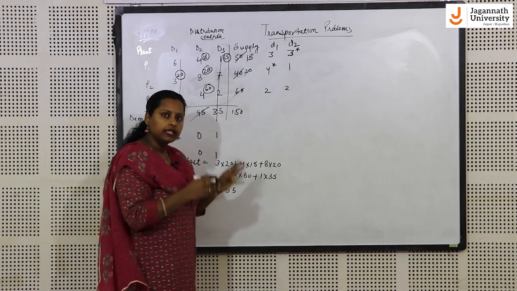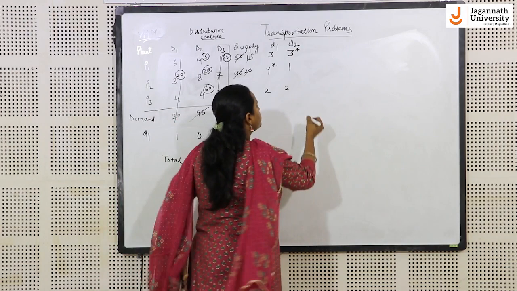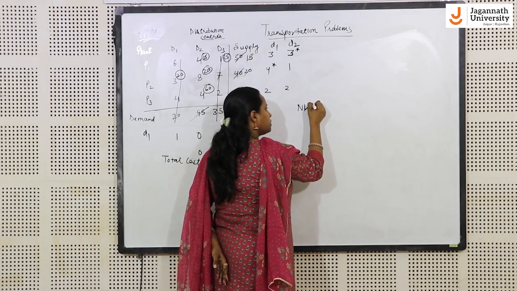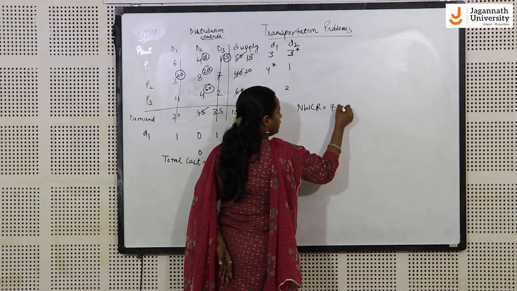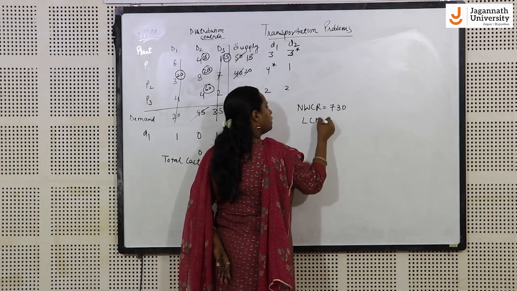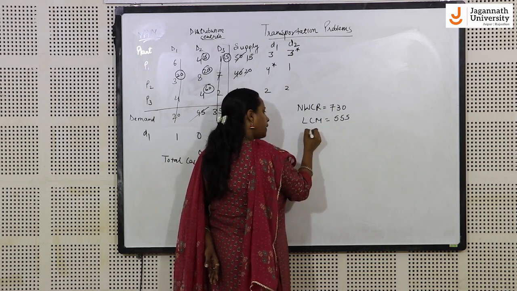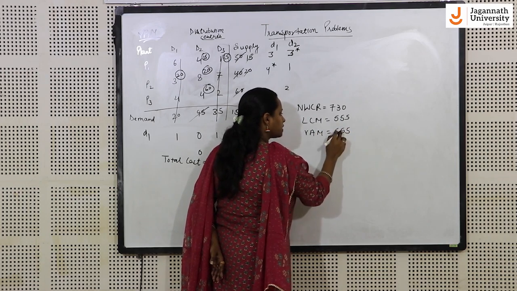So what you can see, what we can conclude from these 3 methods, what was the answer in NWCR? That is what 730 units. In LCM it was 555 units and in VAM the answer is 555 units.